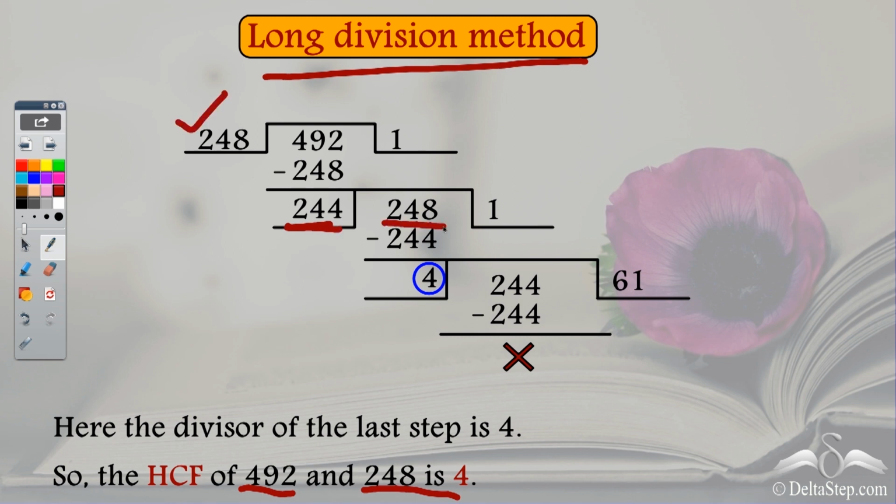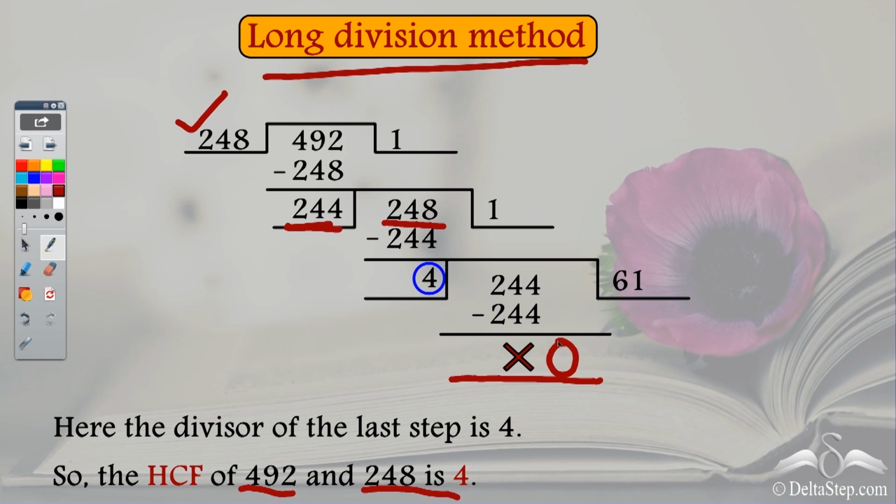So 248. And once again I divide, get a remainder which now becomes the divisor. And this previous divisor becomes the dividend. And I stop when I get a 0 at the end. That is when I get 0 as the remainder. And what is the HCF? The HCF is the divisor of the last step. So the last division divisor is the HCF.